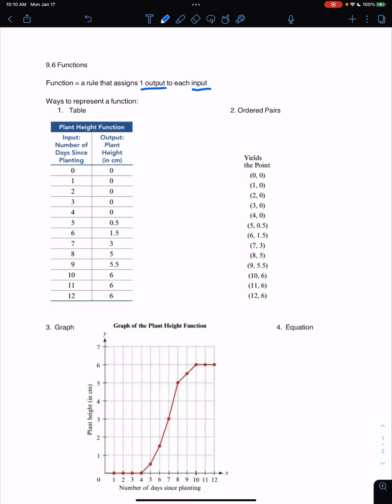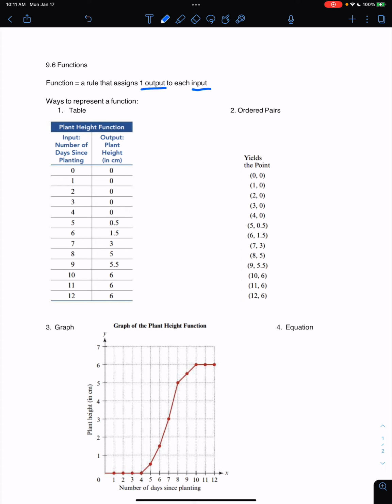On the X value, we are showing the number of days since this plant has been planted. So 0, 1, 2, 3, etc. And then on the Y side, we have represented the height of the plant.